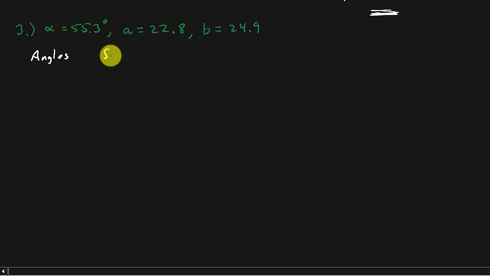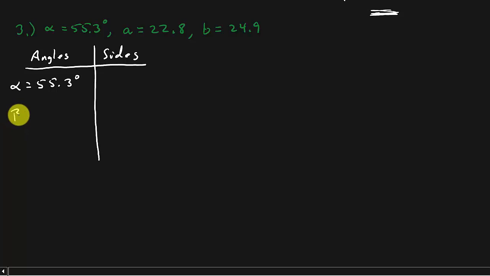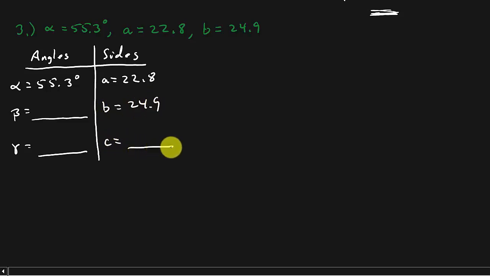Angles, sides. So I got alpha is 55.3 degrees. Beta, we don't know. Gamma, we don't know. A, we get 22.8. B is 24.9. And C, we don't know.